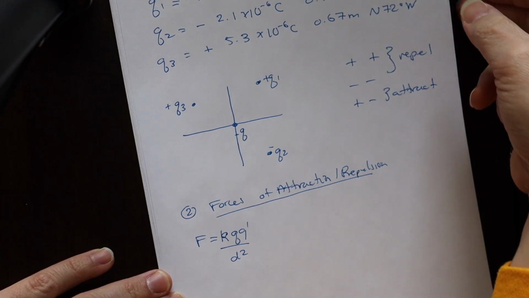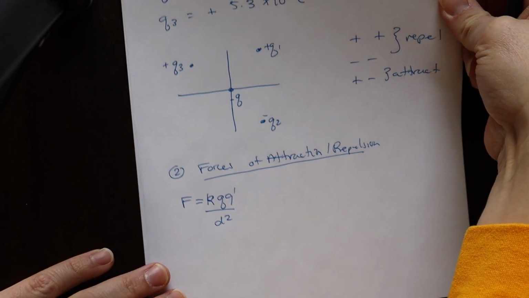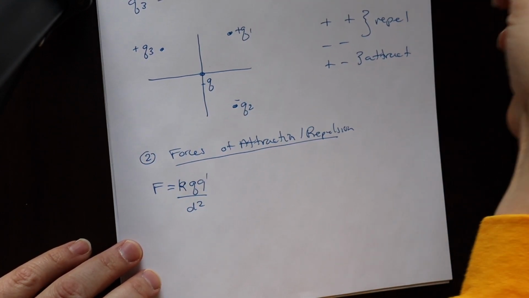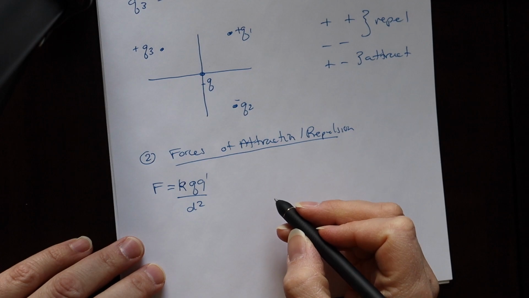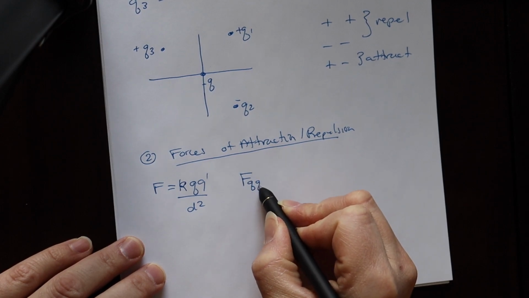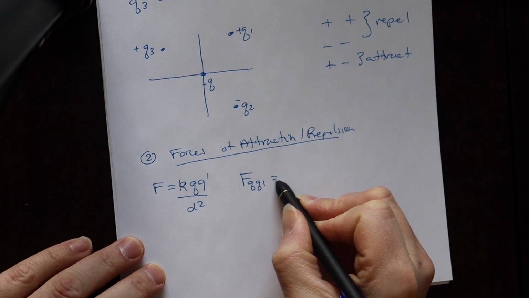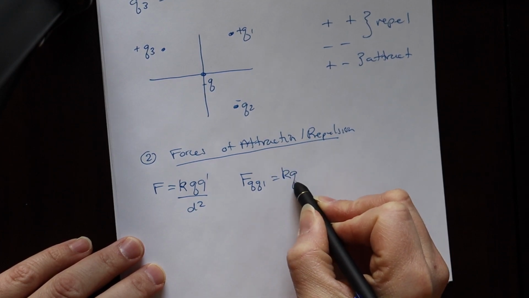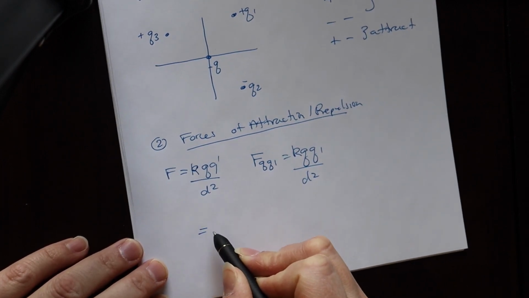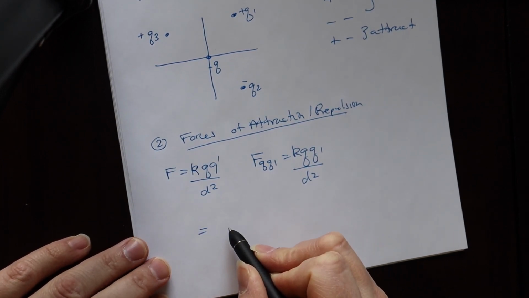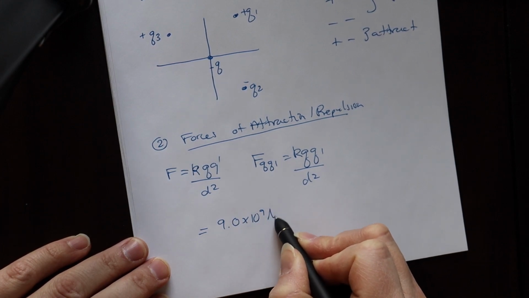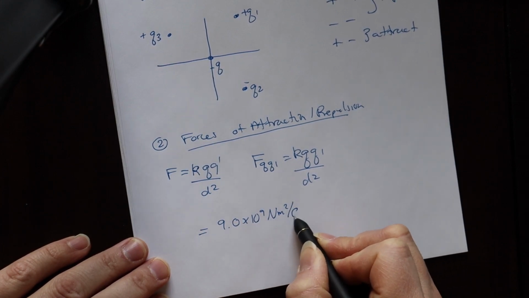Okay, so the math for this is just multiplying and dividing, but the numbers are a little bit awkward to deal with. So I'm going to show you the first couple here, and we'll go through it in real time. The force between Q and Q1 is K Q Q1 divided by D squared. So what does this look like? Well, it's going to be K, which is 9.0 times 10 to the 9 newton meters squared per coulomb squared.